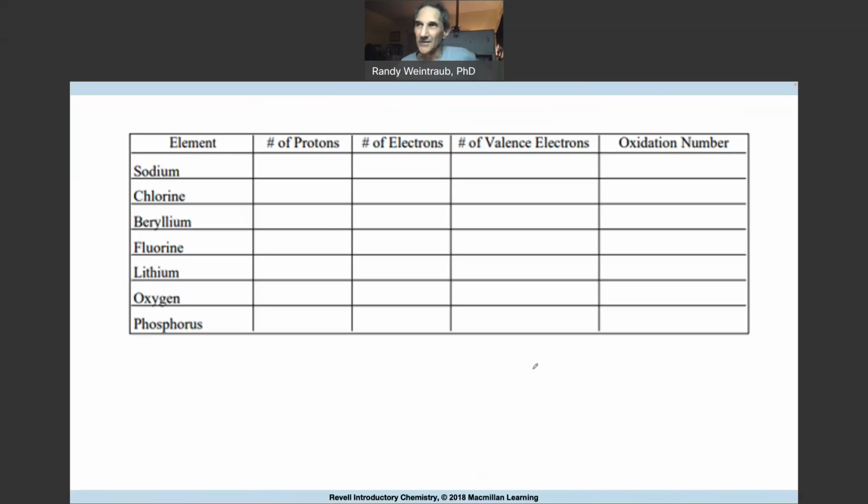So you may want to stop the video and remind yourself that you can fill in this chart right here with the number of protons, looking at the periodic table, number of electrons, how many valence electrons these have, and their oxidation numbers.